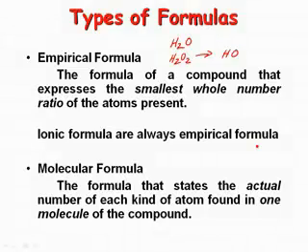So above here we talked about how H2O2 would not be an empirical formula. However, H2O2, which is hydrogen peroxide, is a molecular formula. That is how that substance actually exists. Okay? H2O for water is both the molecular and the empirical. It is the simplest ratio, and it is exactly how that substance exists in nature.